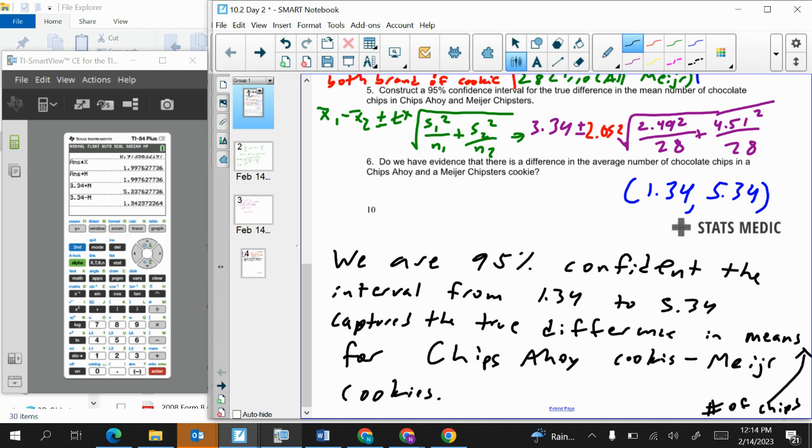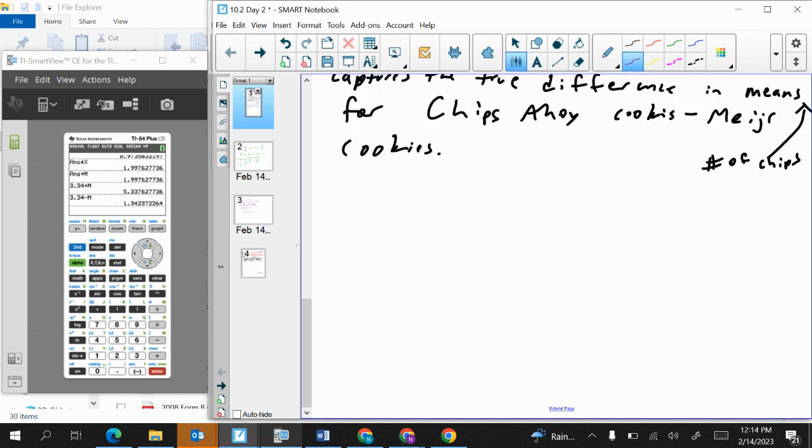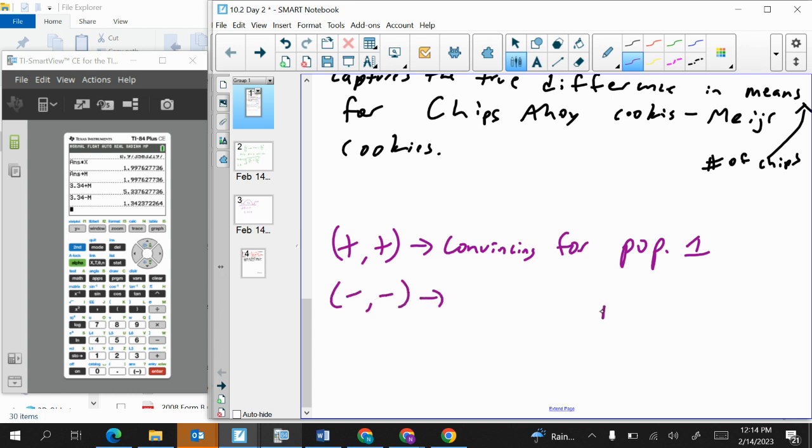So then it asks, do we have evidence to suggest that the average number of chips in the Chips Ahoy is greater than in Meyer, or which one's greater? Since this is all positive, this goes back to that same idea we talked about earlier in the year. Plus plus is convincing for population 1. Minus minus is convincing for population 2.